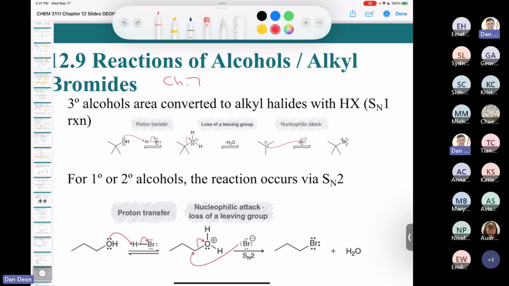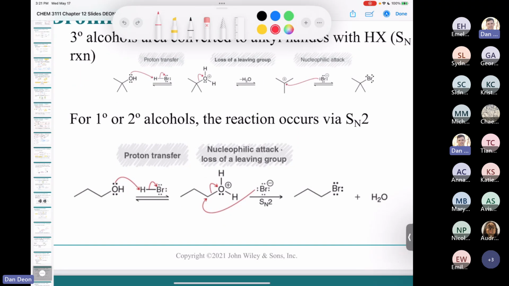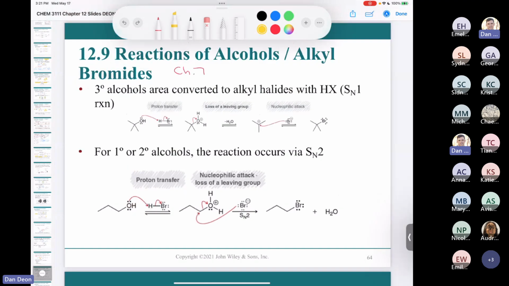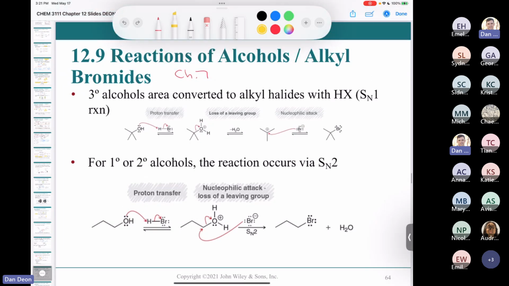You can convert a primary alcohol to an alkyl halide as well. That's what's being shown here. However, it doesn't proceed via an SN1, it proceeds via an SN2. The first step is to convert the alcohol into a good leaving group, but then the bromide comes in in an SN2 fashion and displaces the water to give you a primary alkyl halide.